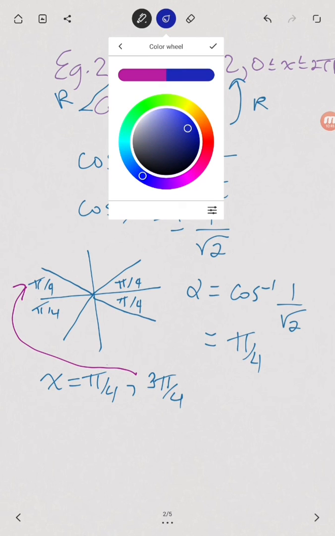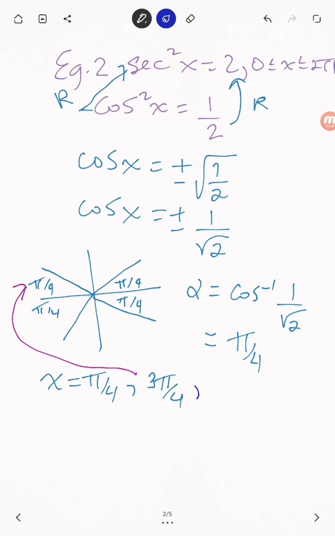In the third quadrant, it would be pi plus pi over 4, which would be 5 pi over 4. In the fourth quadrant, it would be 2 pi minus pi over 4, which would be 7 pi over 4.